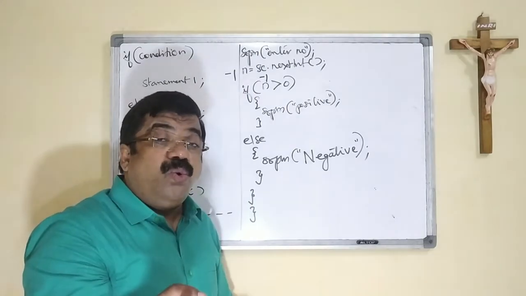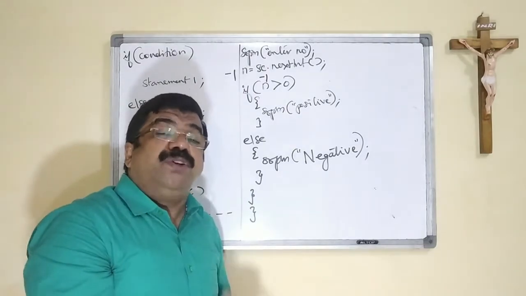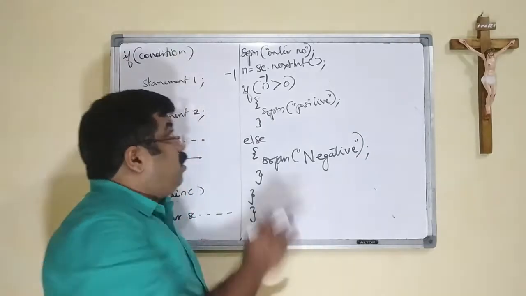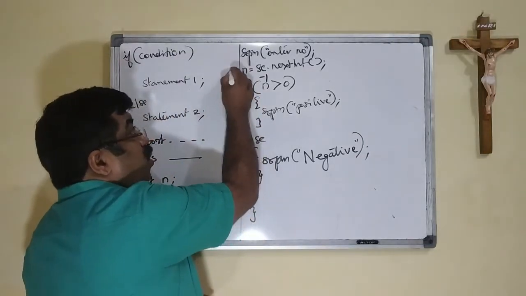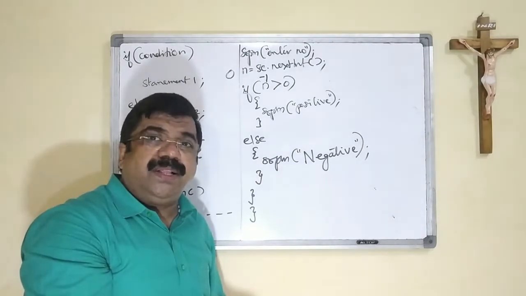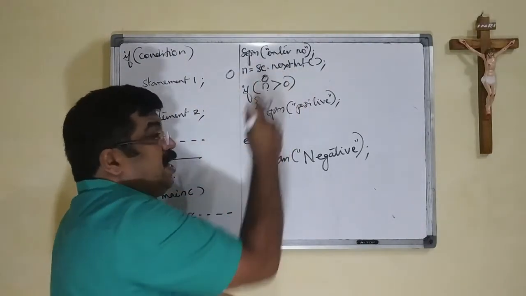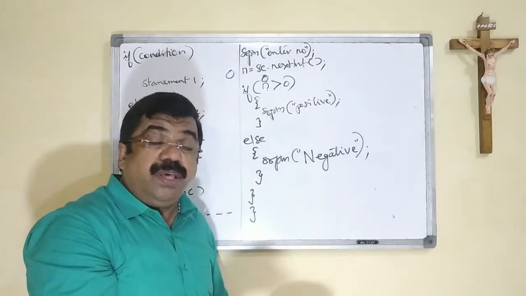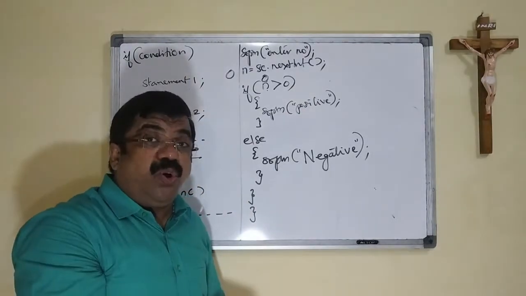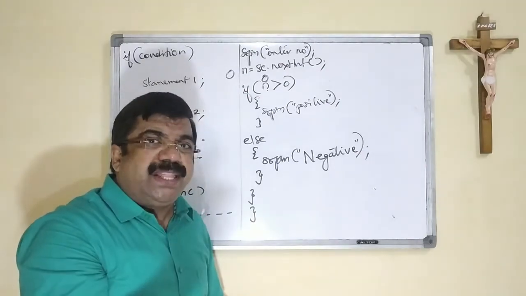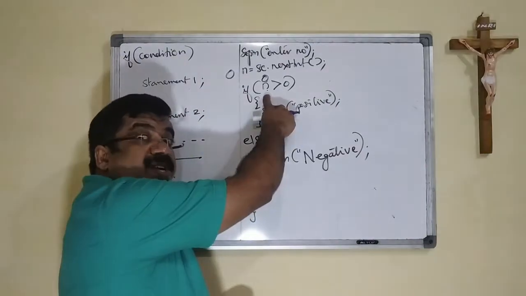Okay, now suppose somebody gave 0. The input is given as 0 here. Is 0 greater than 0? No. 0 is definitely equal to 0, but 0 is not greater than 0. This condition is not true.